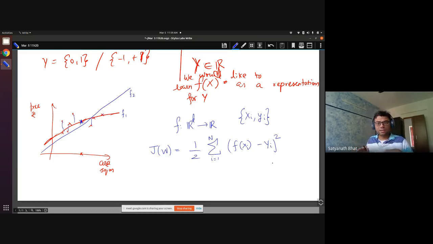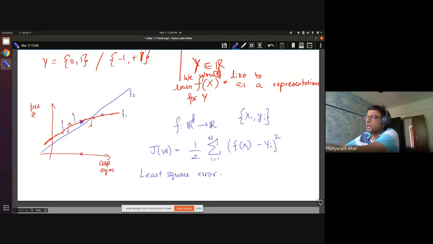You will see there are some issues around this, but for now, let's just focus on this particular thing and try to understand what is happening here. There are some issues which we will slowly develop as we discuss, but intuitively, at least, this makes sense. This is called the least square error. This is the regression problem.